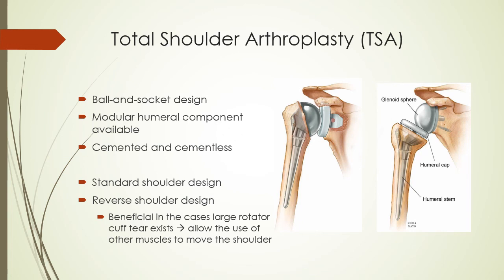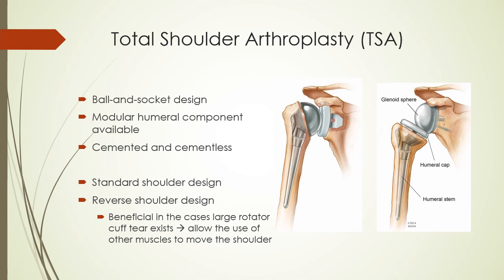Then move on to total shoulder arthroplasty, just a brief overview. It's still similar to a ball and socket design as the hip. Modular humeral component available, so the humeral component can be modular or not. It also comes in with cemented and cementless choices. And if there's just one thing to know about TSA, it's that it has two schools of designs.